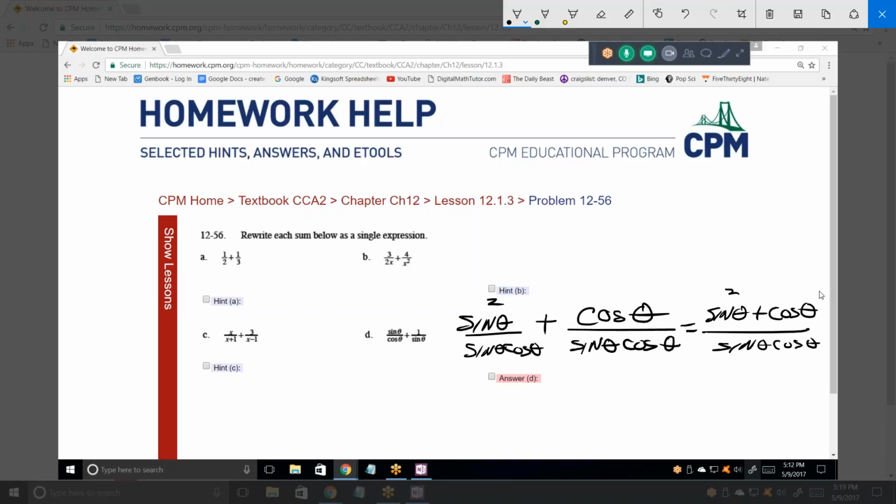Especially simplifying to something that would allow us to cancel one of these denominators out. I don't see it. I think that's probably the final answer. I might be missing something, but it wouldn't be the first time. So let's go on.